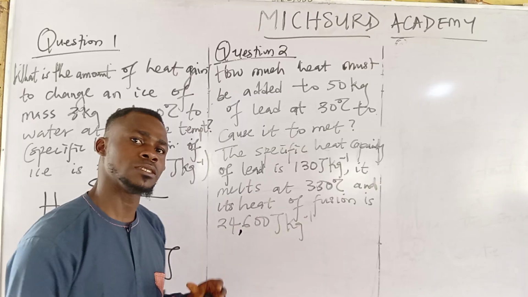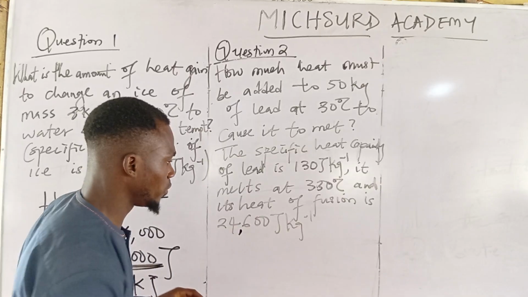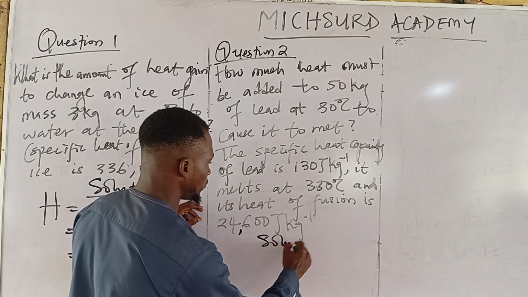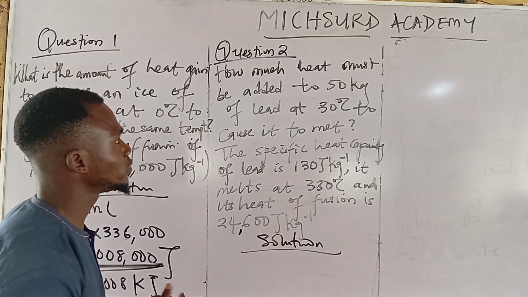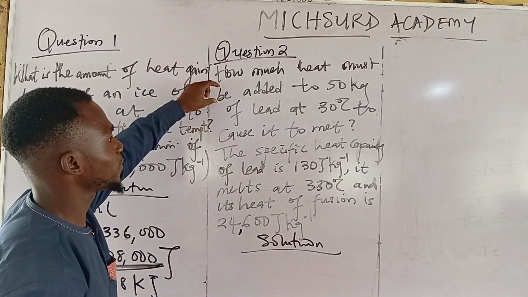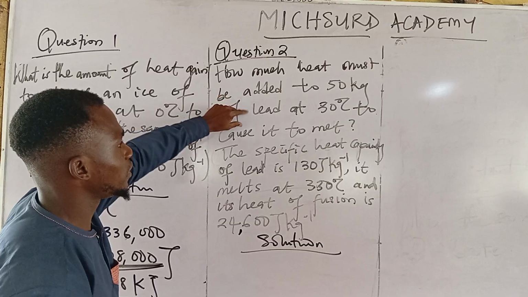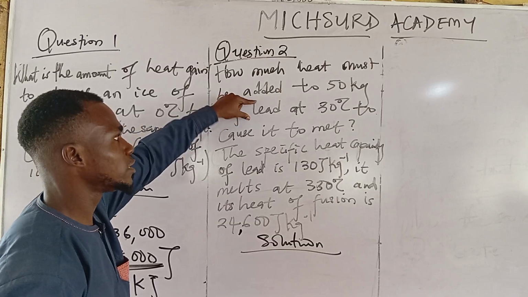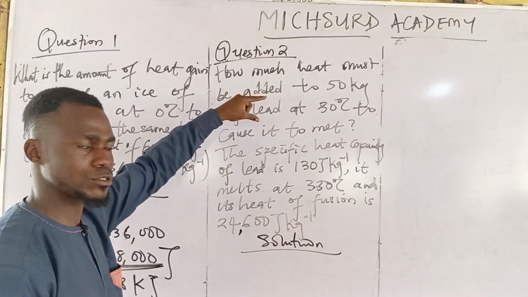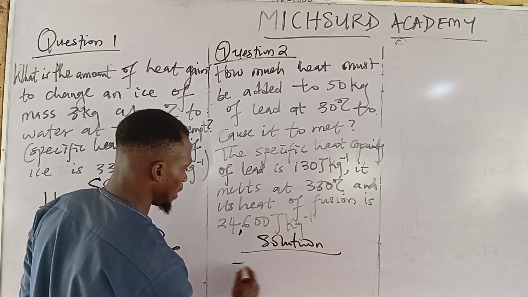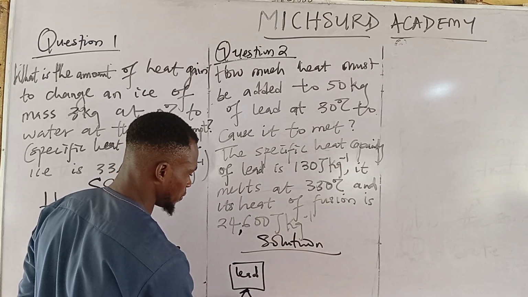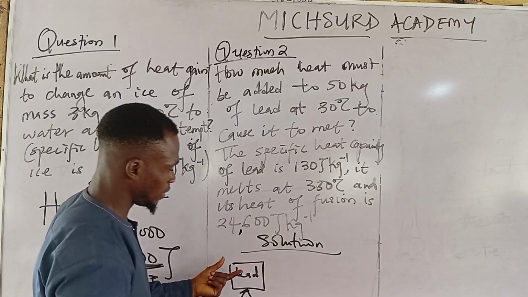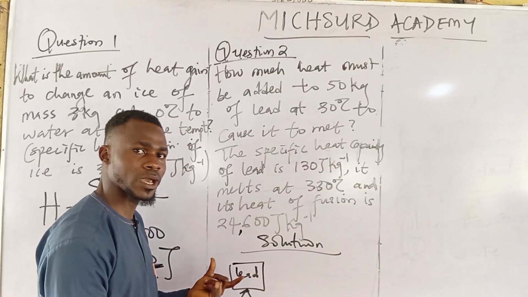Now this question is technical, but this is how we are going to do it. I will do a little illustration of what we are looking at. We have a sample of lead and it is caused to melt. This is the lead material. When you apply heat to the lead material, the lead is going to acquire heat.